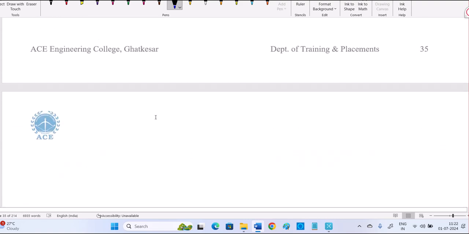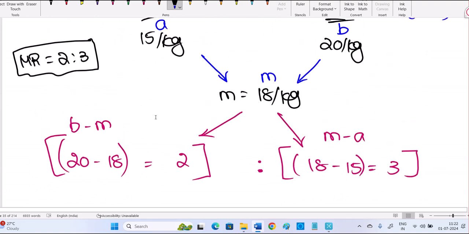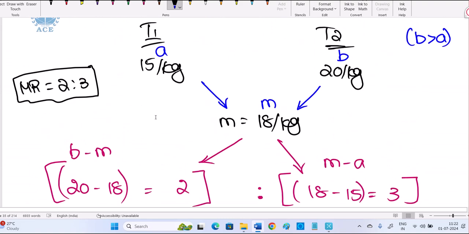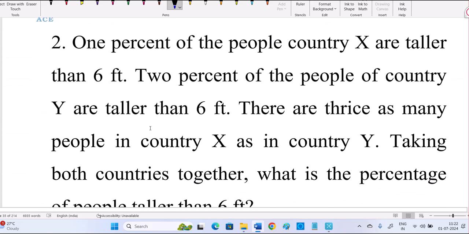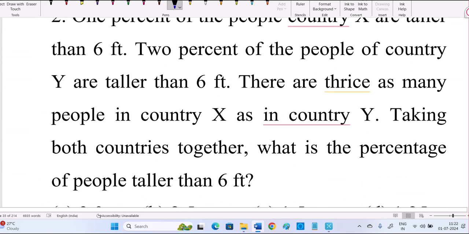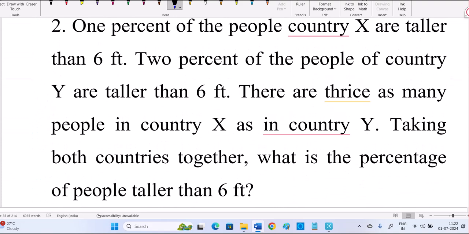Hope you are clear with this question. Discussion: mixed ratio not given means take differences and put in opposite side. Difference must be positive. And see this question, this is actually from the percentages topic. 1% of the people from country X are taller than 6 feet, 2% of the people of country Y are taller than 6 feet.